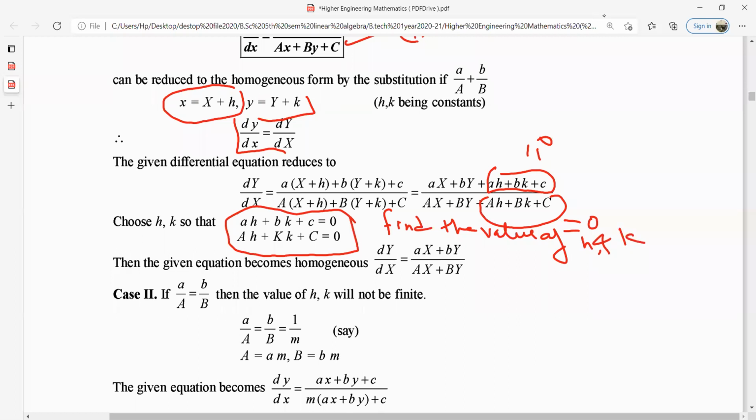After this equation, suppose this is second equation, this equation can be rewrite in this manner: dy by dx equal to small a capital X plus b capital Y divided by capital A x plus capital B y. This is equation number 4, and it is reduced to homogeneous form.